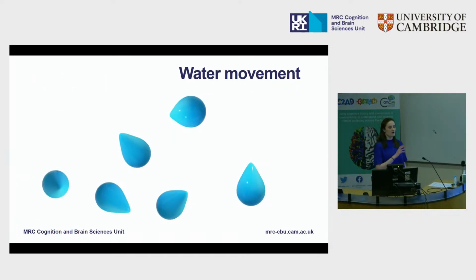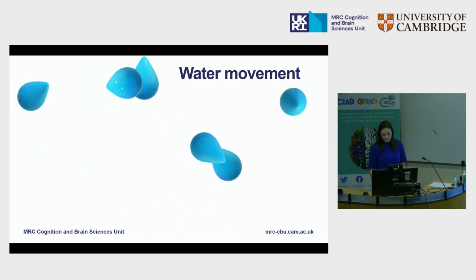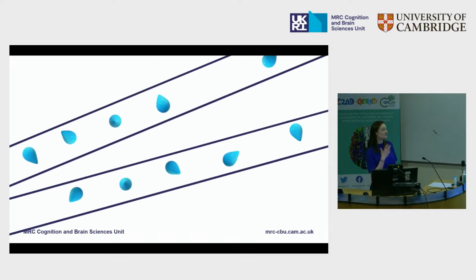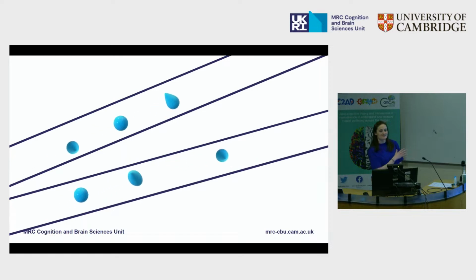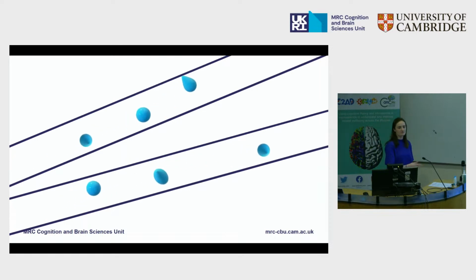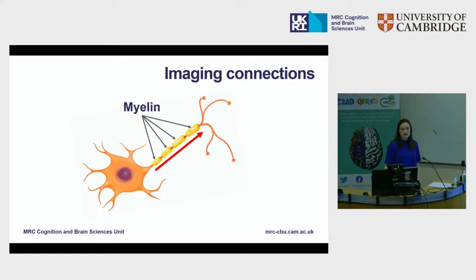So we know that if water molecules are in an open space, those molecules will move around freely in any direction. However, if there's some type of barrier present, the molecules will take the path of least resistance, and so they'll move along the unrestricted direction. If we think about what a simple neural structure looks like, the neural projection, where the signal is being moved through space, is surrounded by a tissue called myelin.